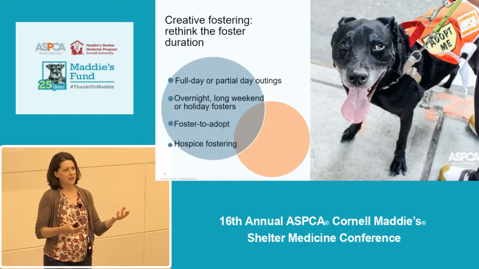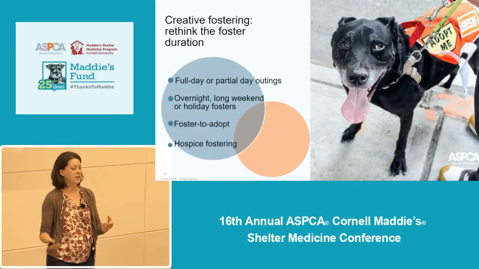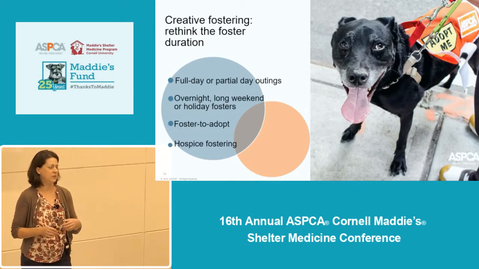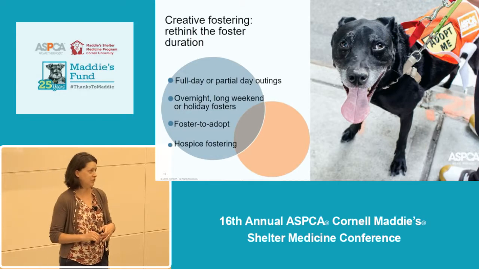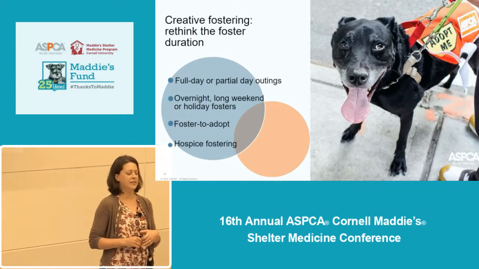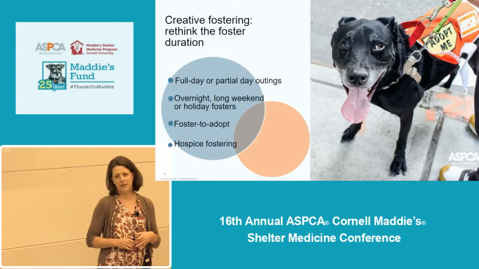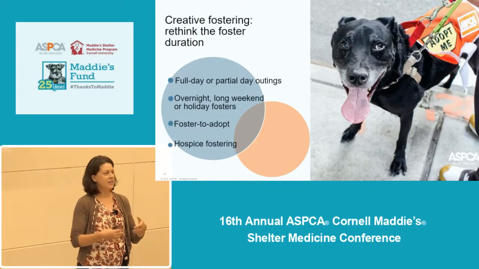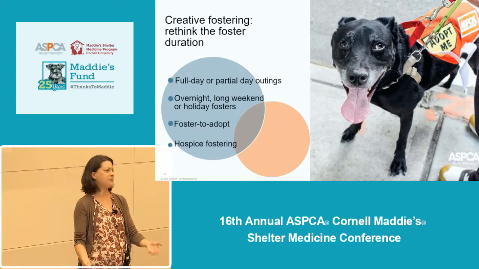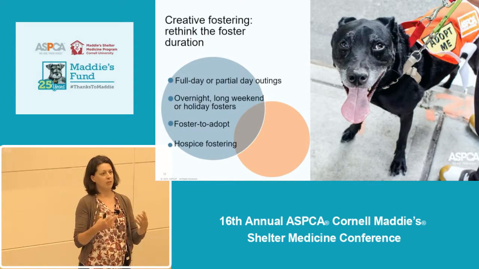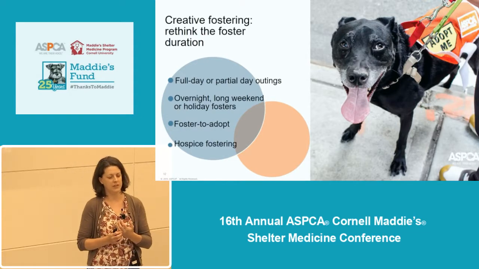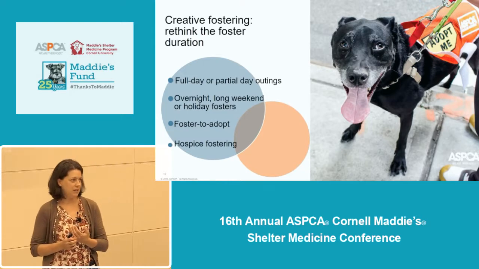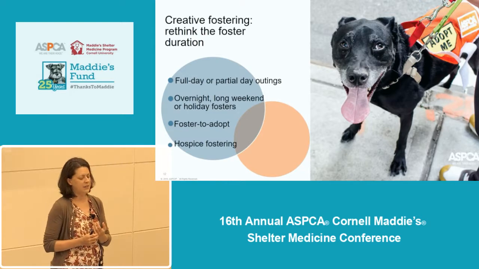But rather than try to use our existing foster network, especially because we're talking dogs, and it's a little more challenging to find fosters for dogs usually than for cats, trying to find a foster for the duration of that heartworm treatment can be challenging. But if we can use that adopter as a foster, even while we're providing the ongoing medical services, and that's going to be that lifelong permanent home for that animal, I think that's a nice way to look at it.